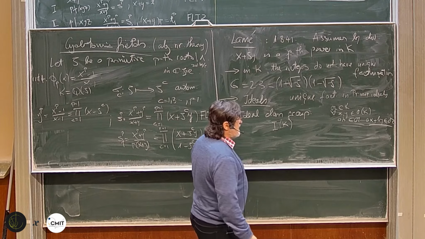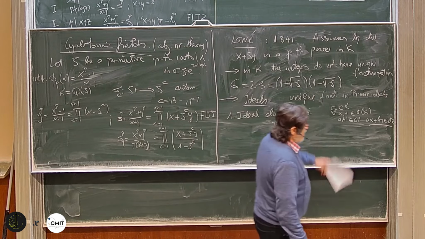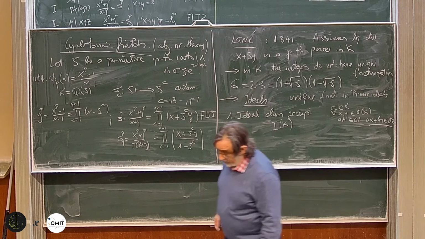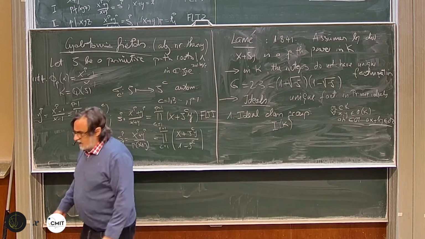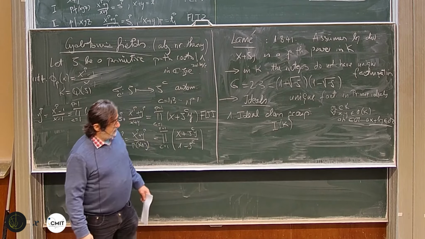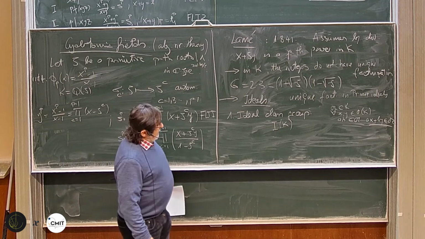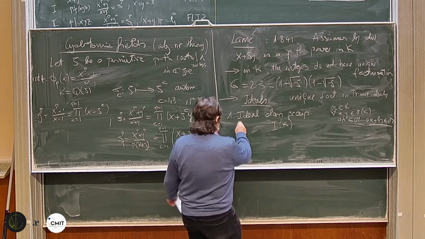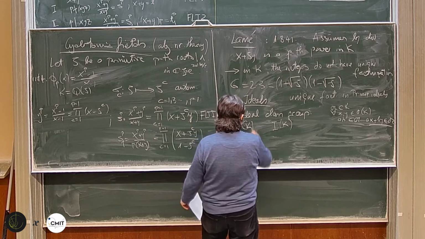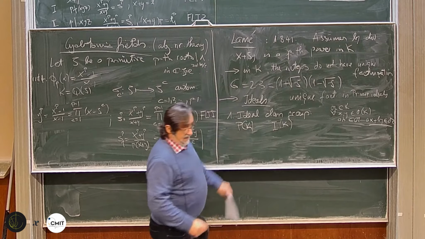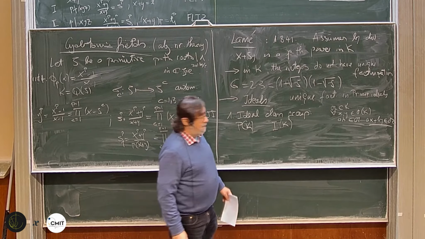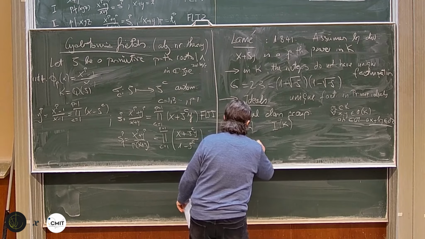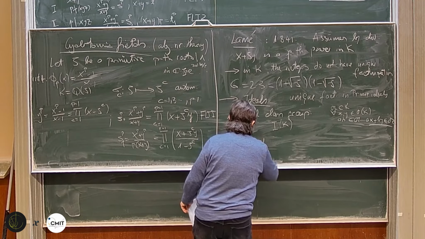And ideals tend to be finitely generated, so they can be generated by two elements in a number field. In other rings, you may need more generators. That's the Krull dimension. In number fields, it's enough to have two generators, but if an ideal is generated by a single number, then it's called a principal ideal.